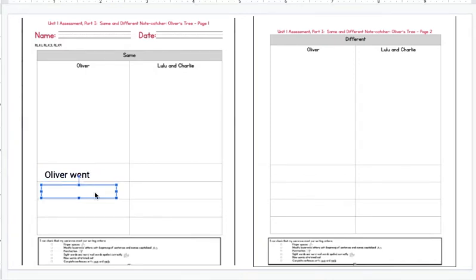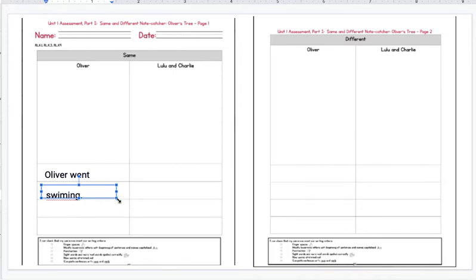Swimming is a long word, and I don't know how to spell it. Let me clap out the syllables. Swimming. Okay, let's do the first syllable. Swim. Swim. Swimming. Ing. Oh, I remember. I-N-G says ing. Oliver went swimming.